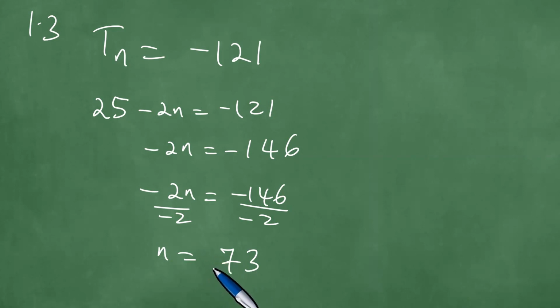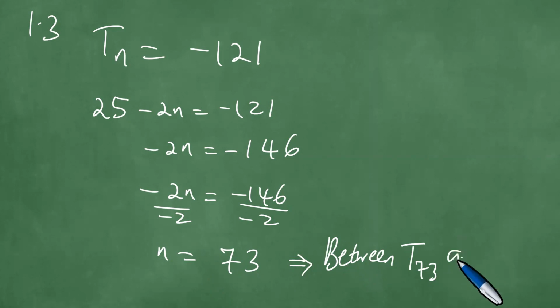So n equals 73 implies between T73 and T74, like this. Because if you get n equals 73, it means it's between T73 and T74.